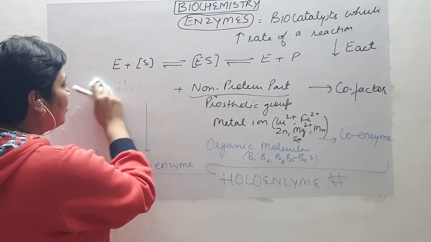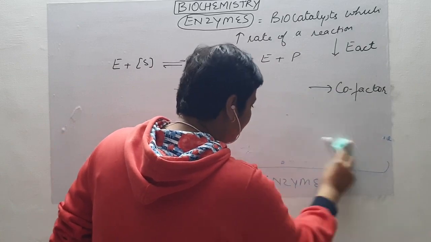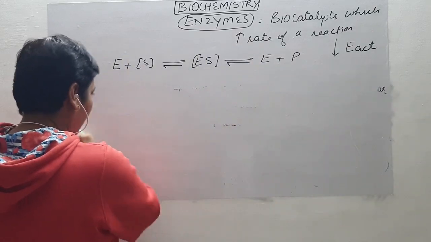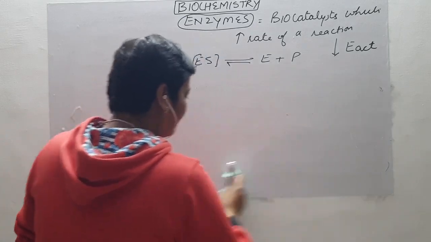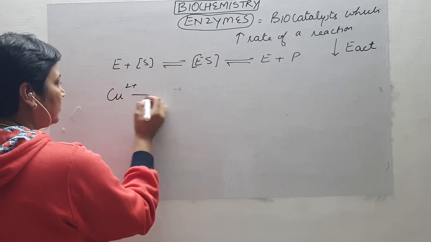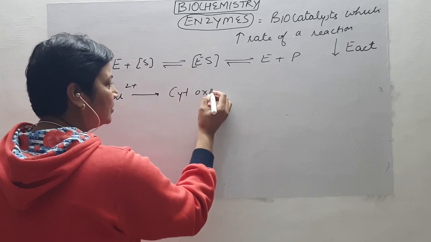Then next we come over to some examples of this. You must be familiar with copper. Copper is a cofactor for cytochrome oxidase.